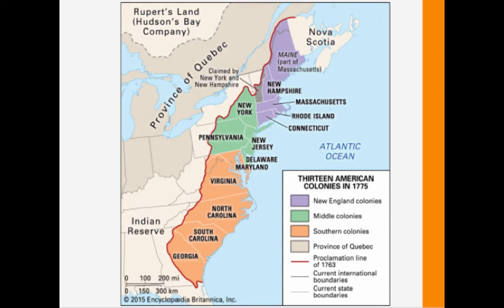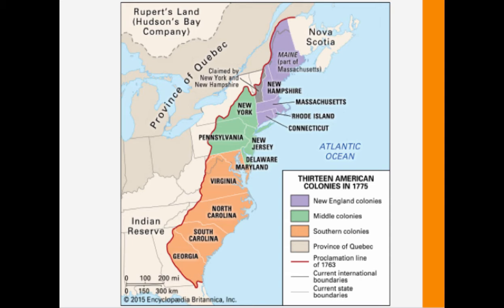Now, what angered the colonists the most is that before the war, before the French and Indian War, they weren't allowed to go past that line anyway because it was technically French land, even though the British thought that they had control over it. So now they were told, fight in this war. If we win, you can go past that line and you can settle new lands and have permanent settlements.